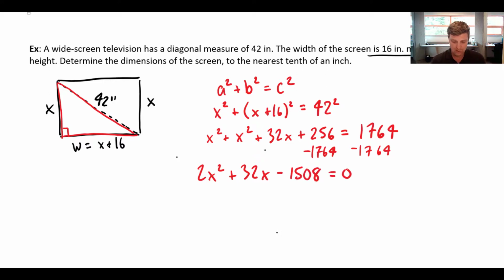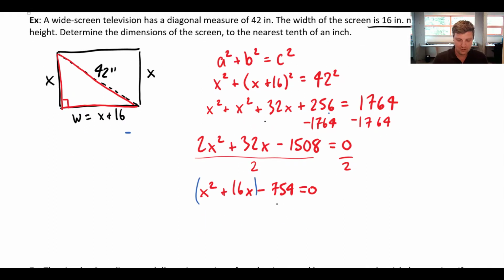Okay, so I'm on my way, and now I could complete the square, but before I do that, just to make my life a little bit easier, I can see there's a common factor of 2 here. So I'm going to divide both sides of the equation by 2, and I get x squared plus 16x minus 754 equals 0. And from here I'm going to complete the square and see where I end up.